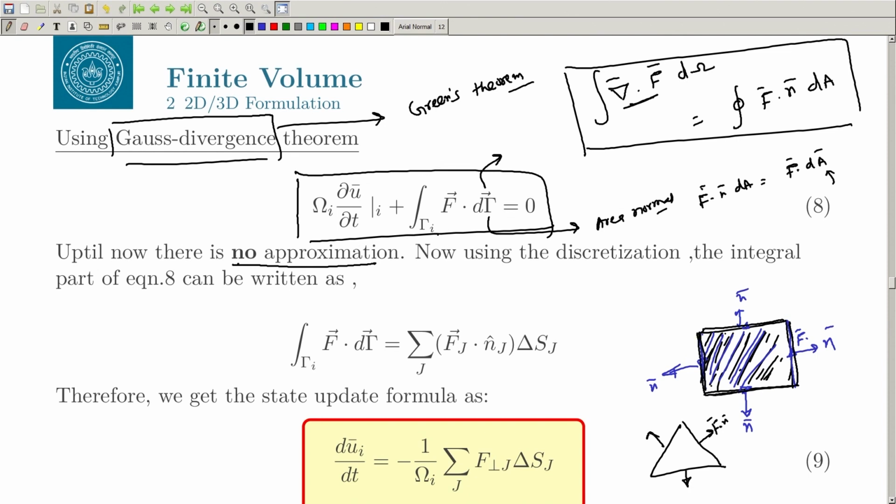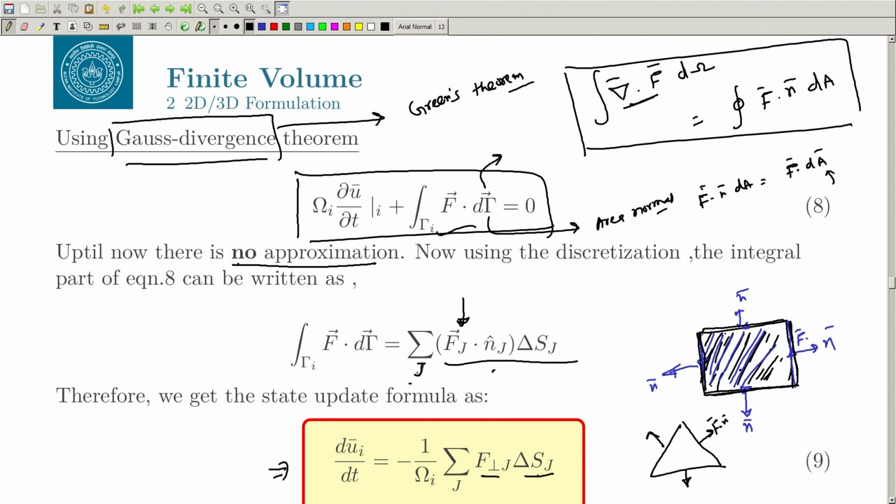So you can change this integral sign into the summation sign, where j is the number of faces. You go to each face, calculate this f dot n, multiply with delta s area on that, and keep on adding across all the faces. Finally, you will get this state update formula, du by dt is equal to 1 by omega sum over j of f_j delta s_j.